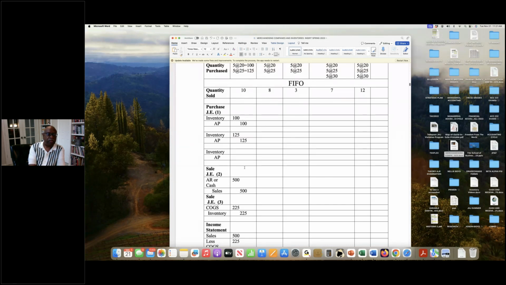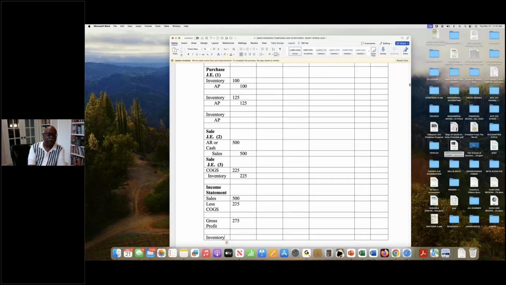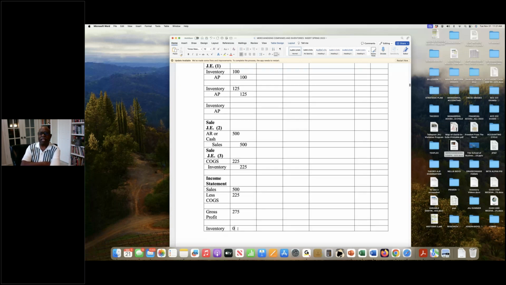Okay. So you have to add what those costs are. And our gross profit is 275 and we have nothing in inventory. Are we clear?